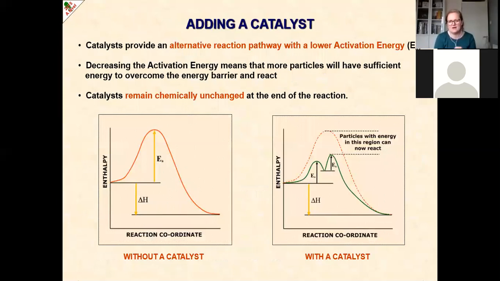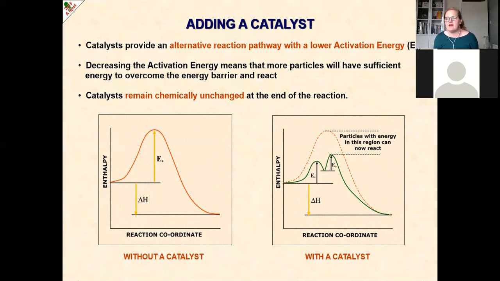The third way we can increase a rate of reaction does sort of link with that first one we talked about, which was surface area, and that's adding a catalyst. Catalysts work in a little bit of a different way. You might remember a bit of how they work from GCSE, especially when you've done enzymes as biological catalysts.